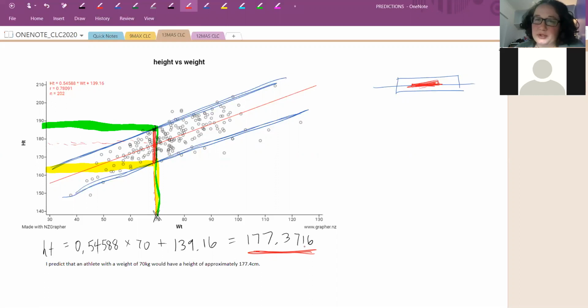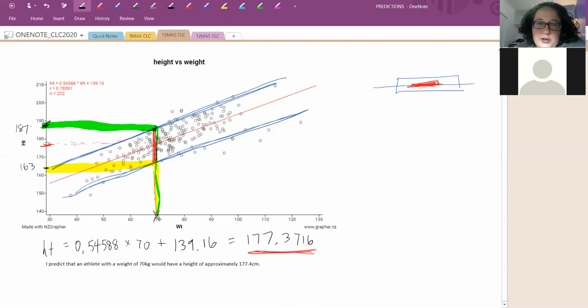It should be in the middle, really, of those two values. Not exactly in the middle, because the lines that I've drawn are just an estimation, but it should really be in the middle. So now what I can say is, this is about 163, and this one is about 187.